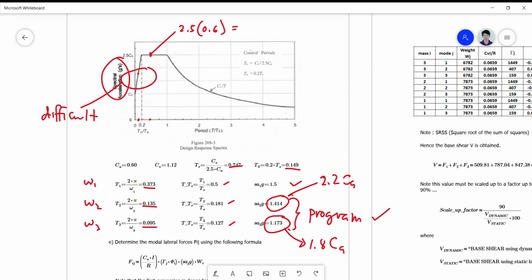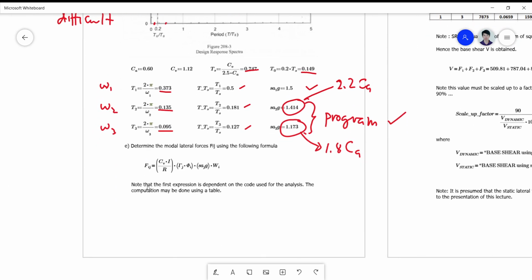And knowing the values of SAG, you just use this formula. So take a look at the formula for static force procedure.